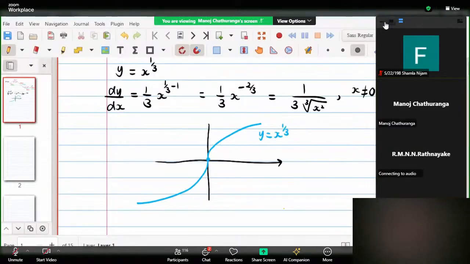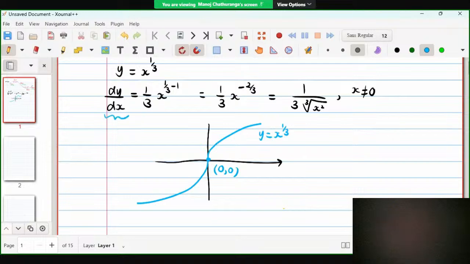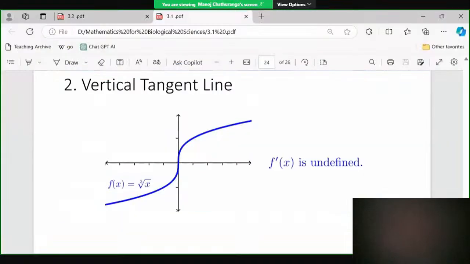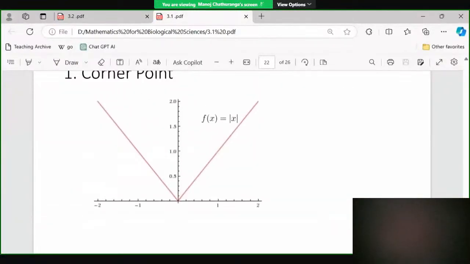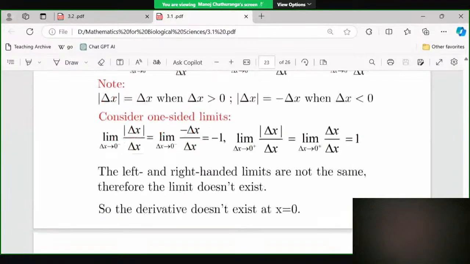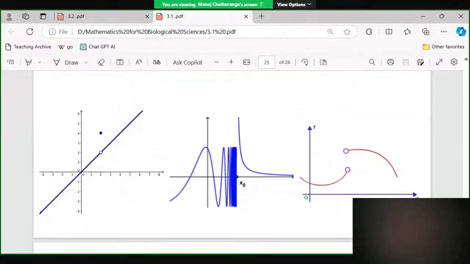So the origin, or x equals 0, is not a good point for the derivative. At 0, this formula is no longer valid, but for every other point, it is okay. So corner points are bad for derivatives, and so are vertical tangent lines. Corner points, vertical tangent lines, points of discontinuity.